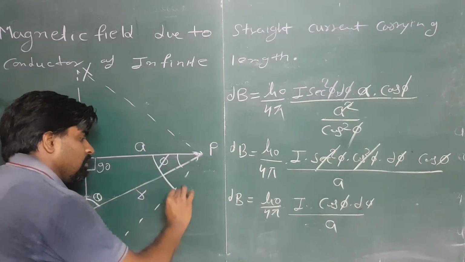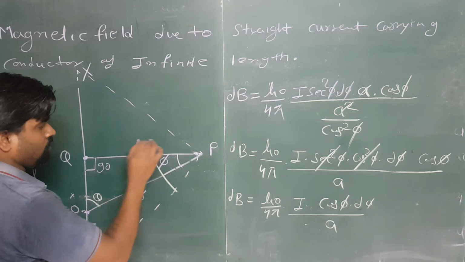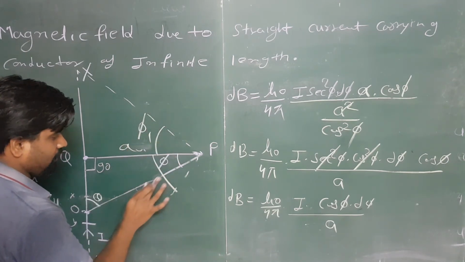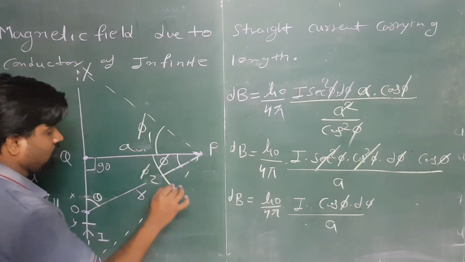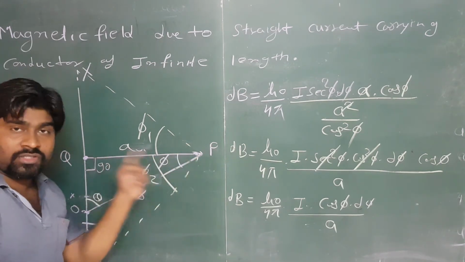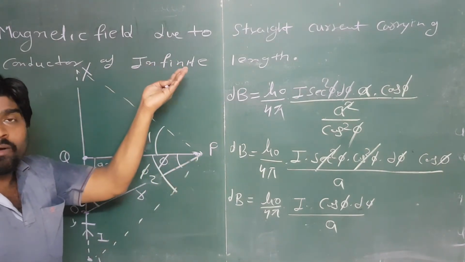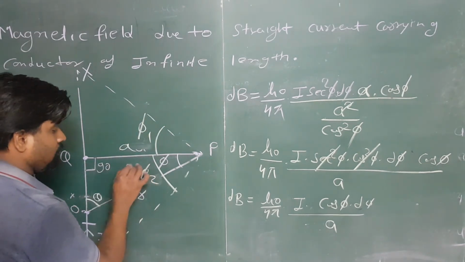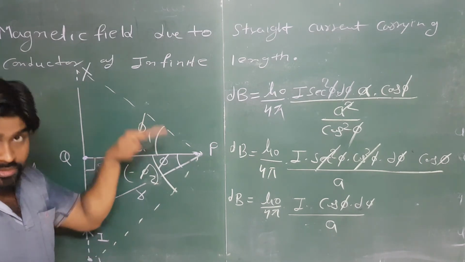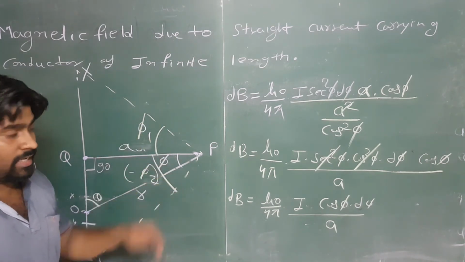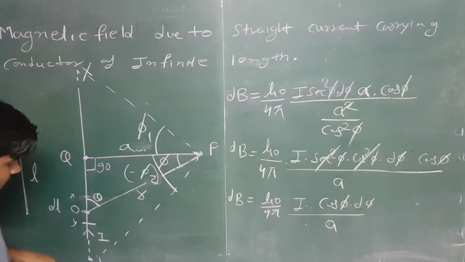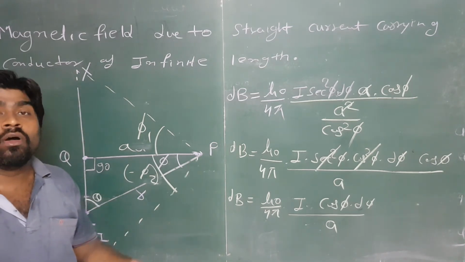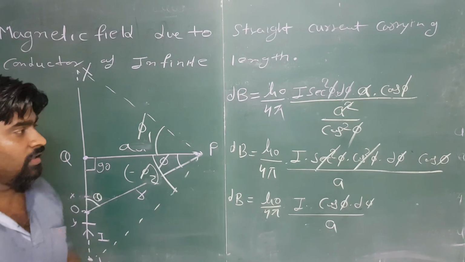Say this is phi 1 and this is phi 2. But if this is the positive x-axis, the upper part becomes positive and the lower part becomes negative. So you write minus phi 2 because of the bottom side of the x-axis. So I have to find the magnetic field from this point to that point.